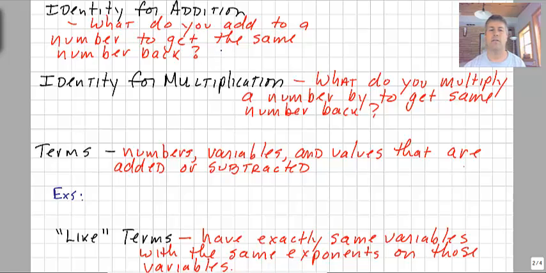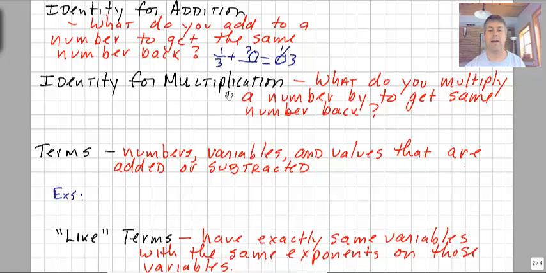So if I have, say, 1/3, 1/3 plus some number is going to equal 1/3. If I add 0, I will get 1/3 back. So the identity for addition is 0. Okay? Anytime I add 0 to a number, I get that same number back.